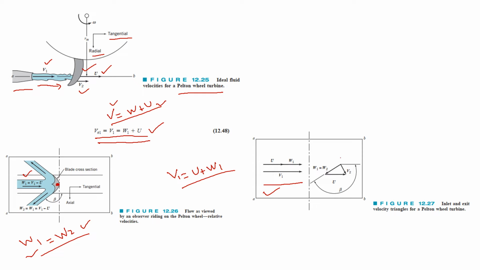So this will be the velocity triangle at the outlet, and the angle that this relative velocity makes with this axis is known as beta. This is our inlet and exit velocity triangles for a Pelton wheel turbine. So now let's use these velocity triangles and derive our equations related to torque and power.